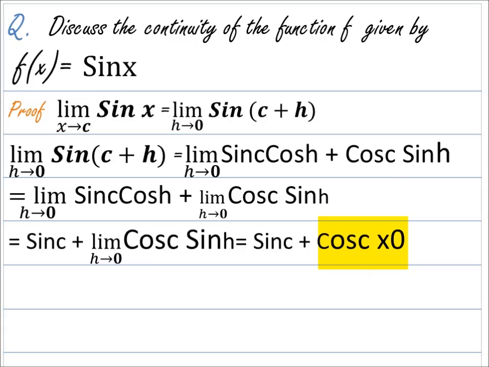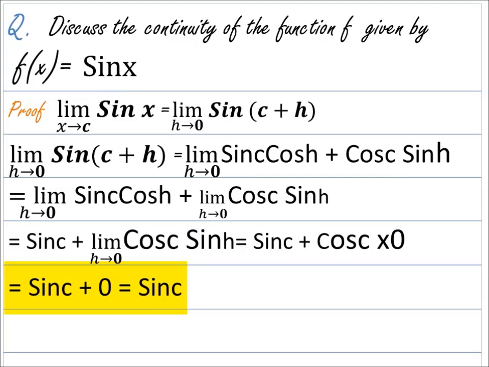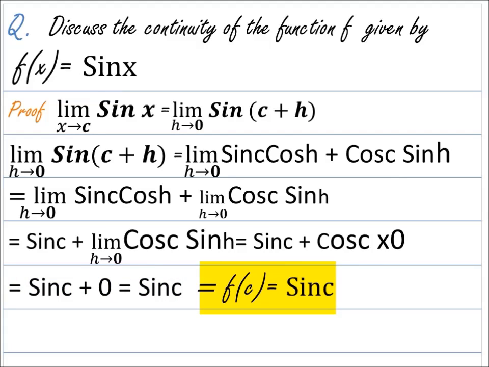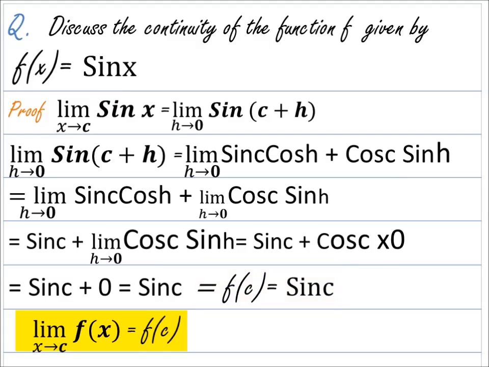So that means this expression is equal to sin c plus 0, which is equal to sin c, which is equal to the value of the function sin x at the point c. So that means the limit as x approaches c of f of x is equal to f of c. And now since the limit of the function at the point c is equal to the value of the function at the point c, that means the given function f equal to sin x is a continuous function.